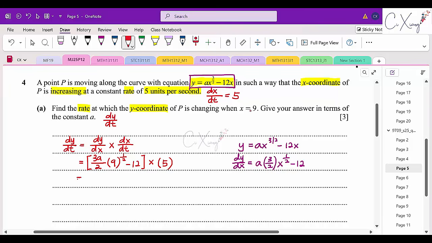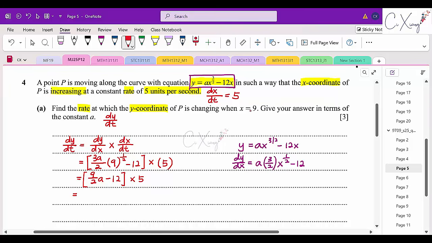Okay, try to simplify this part slowly. And let's see what do we have here. We are having 9 power half. Square root 9 is a 3, right? So 3 times 3 is a 9. So I'm having 9a over 2 minus 12. Then after that, you have to multiply with a 5.